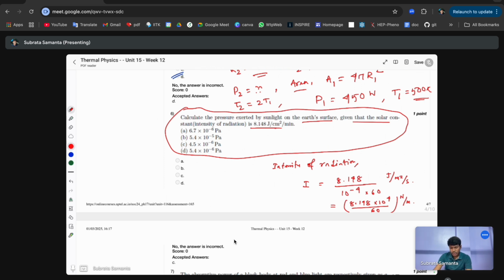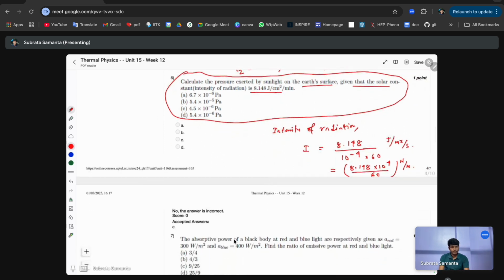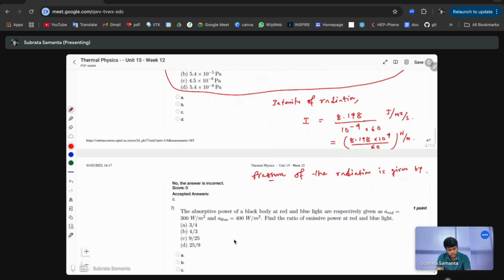So now we have to calculate the pressure of the radiation. How is pressure related to intensity? The pressure of the radiation is given by P equals I over C, intensity over the speed of light.